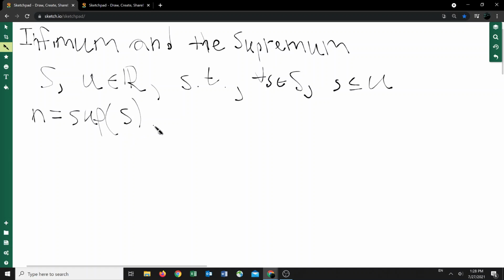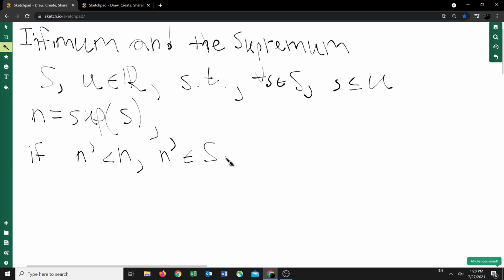So if n is the supremum of S, then if n prime is less than n, n prime must be in S.